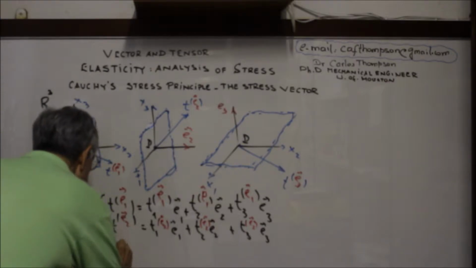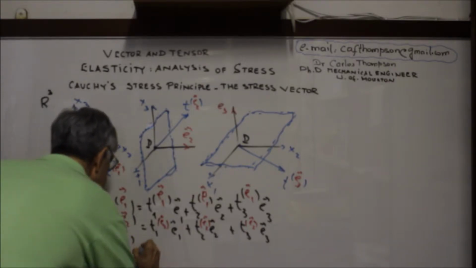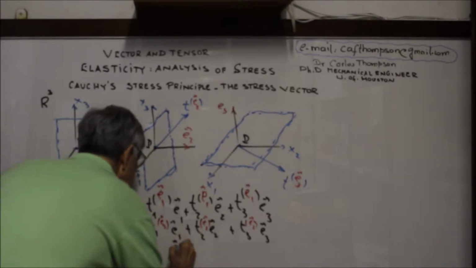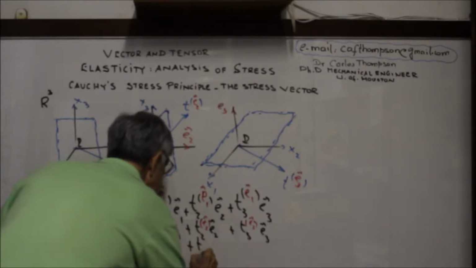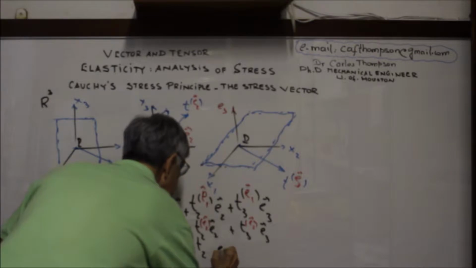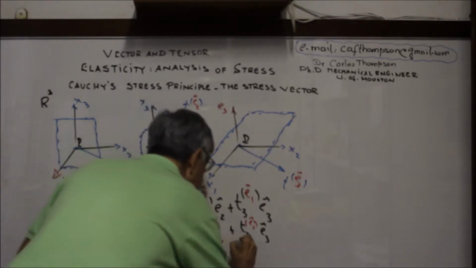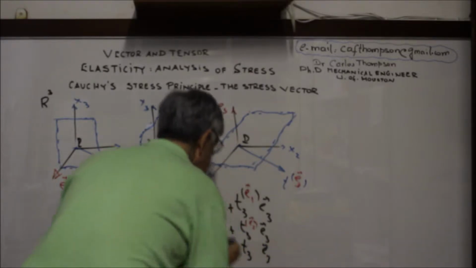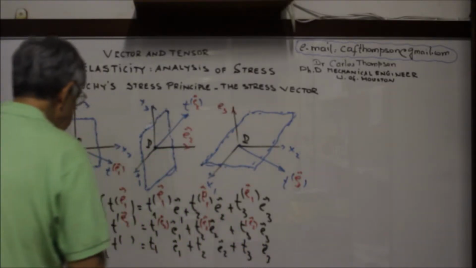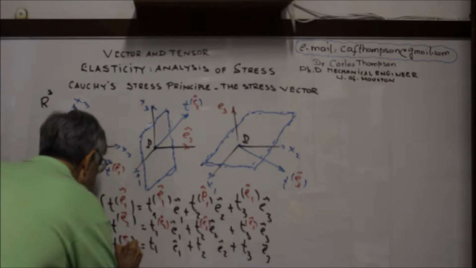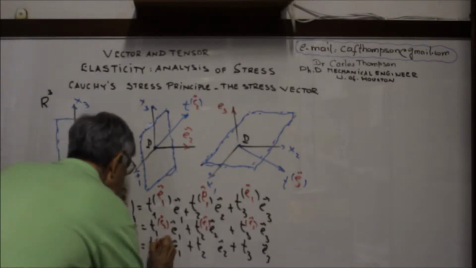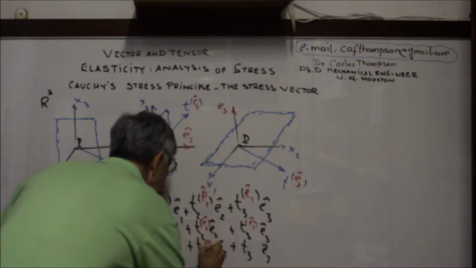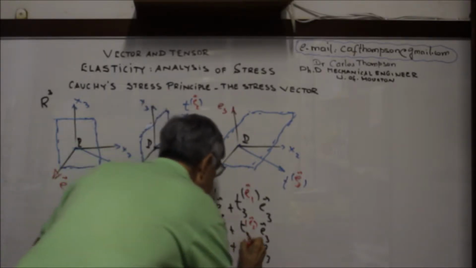So T is equal to T1 E1 plus T2 E2 plus T3 E3. Now this is E3, E3, E3, E3, and E3.